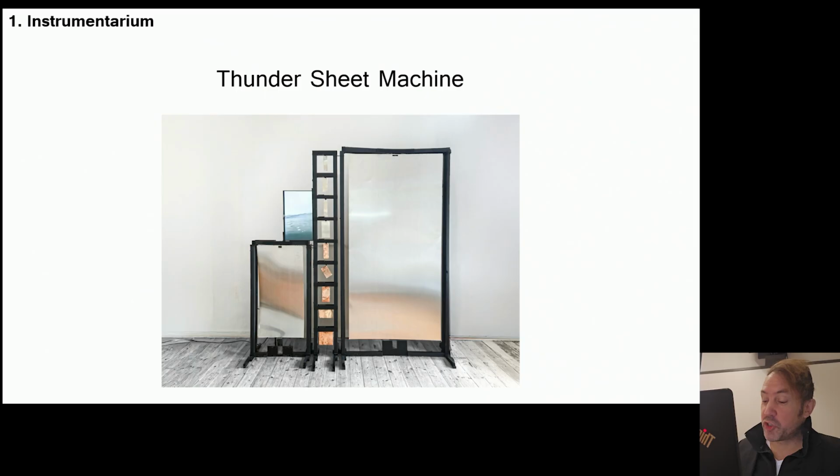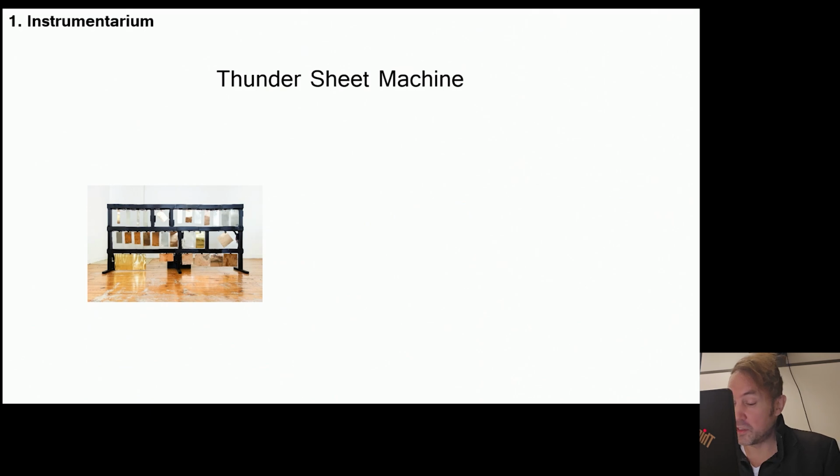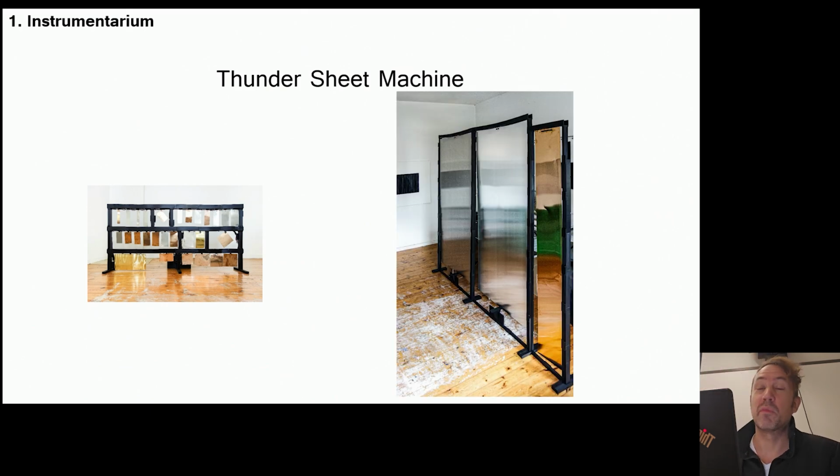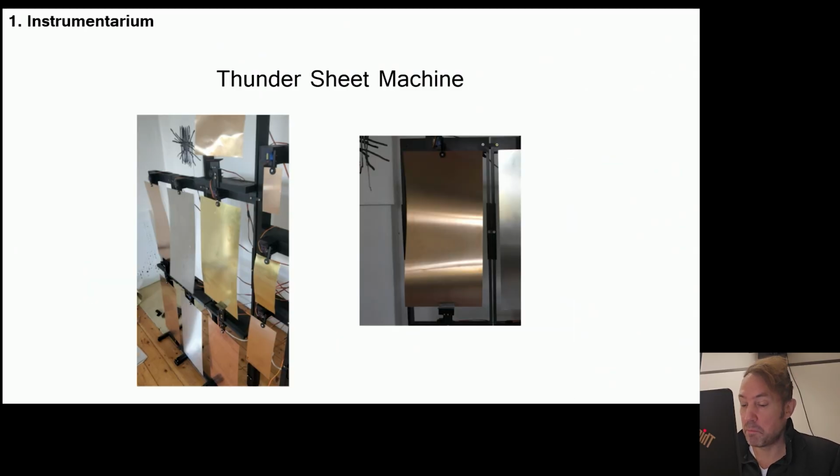The thunder sheet machine, die Donnerblechmaschine: sheets of various materials such as aluminium, silver, copper, stainless steel, brass, etc., in different sizes from 5 to 10 centimeters up to 1 by 2 meters, and different thicknesses from ultra thin 0.05 millimeter foils to half millimeter thick sheets are motorized to shake and bend.